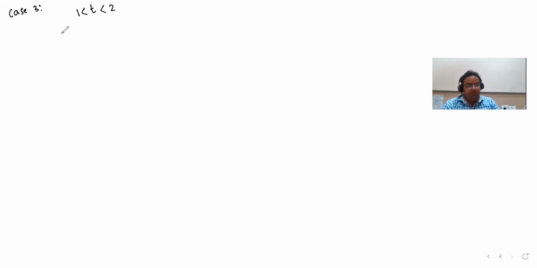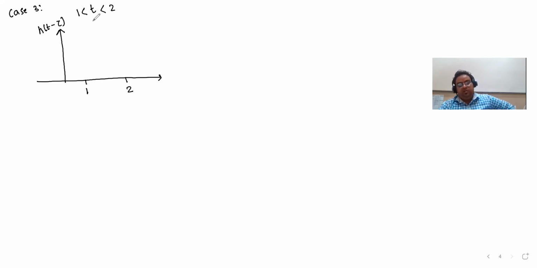Now let us see from where to where our h of t minus tau is going to slide. It is sliding only. So t is greater than 1 now. So we have 1 here. Let us take this as 2 here. Since t is greater than 1, our h of t minus tau is varying from t minus 1 to t.